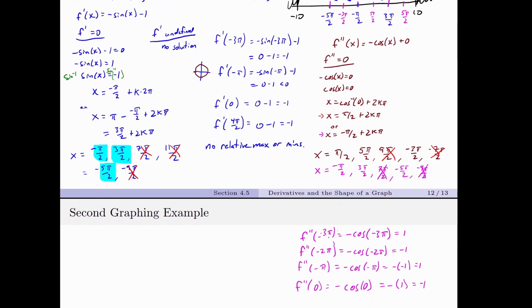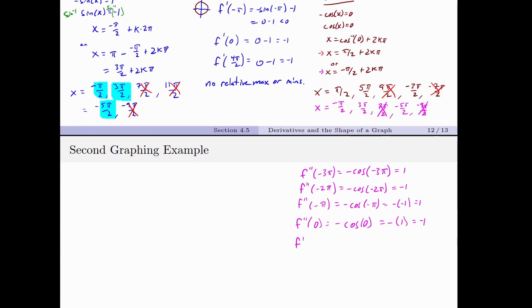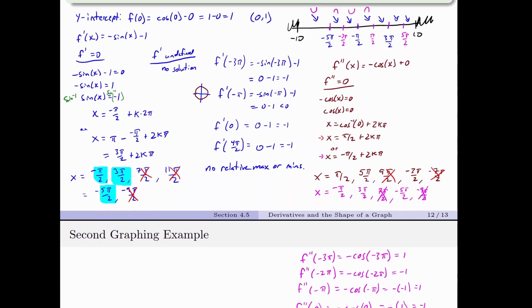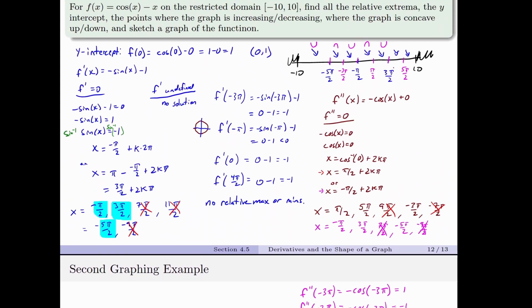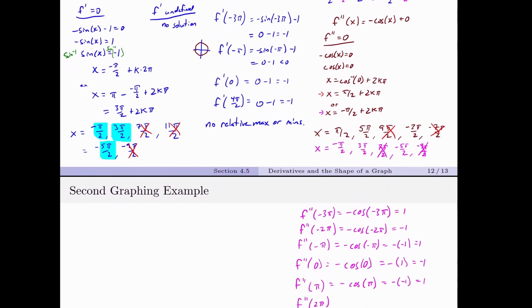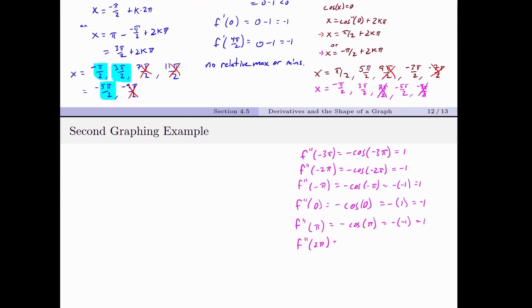Okay, and I'm starting to see a pattern here, right? I want to check pi and then 2 pi. When I plug pi into cosine, I get negative 1. The opposite of negative 1 is positive 1. Between 3 pi over 2 and 5 pi over 2 is 4 pi over 2, which is 2 pi.